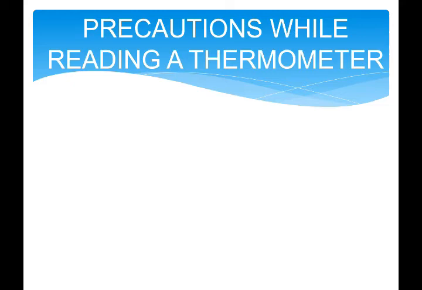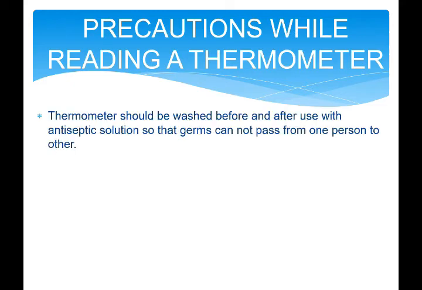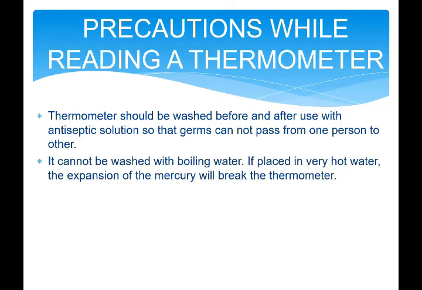Now we will move to the precautions while reading a thermometer. The thermometer should be washed before and after use with antiseptic solution so the germs cannot pass from one person to another. It cannot be washed with boiling water, because if you place it in hot water, the expansion of mercury will break the thermometer.